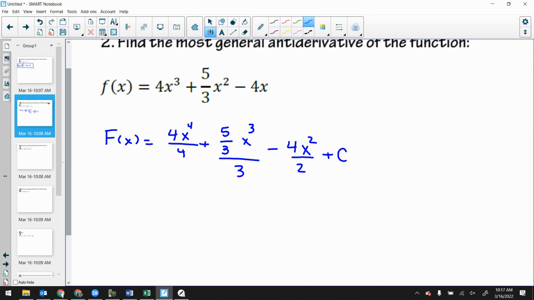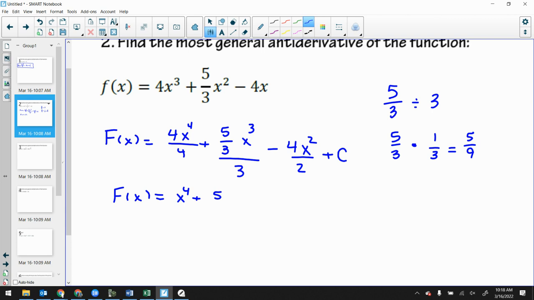Let's simplify it down a little bit. F of x equals x to the 4th plus, okay, we got 5/3 divided by 3, right? Now remember that if you ever got a fraction, you can do keep, change, flip. If it's divided by 3, you can say 5/3 times 1/3. So 5/9.